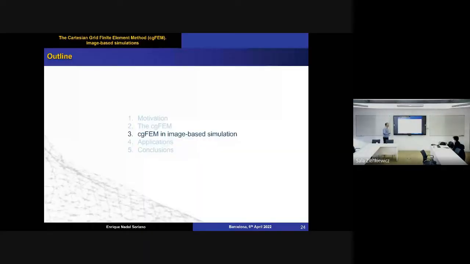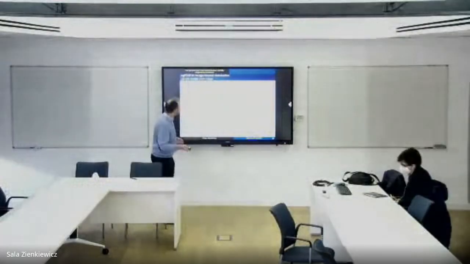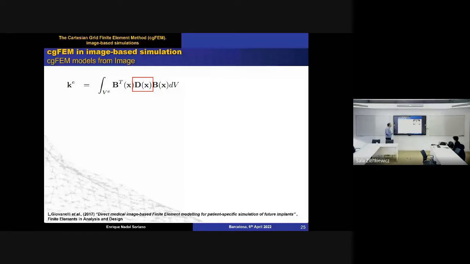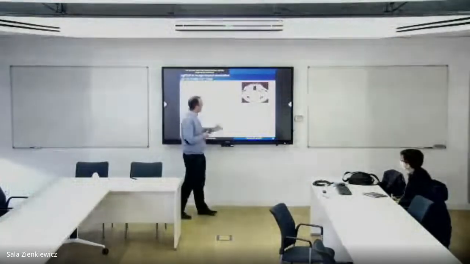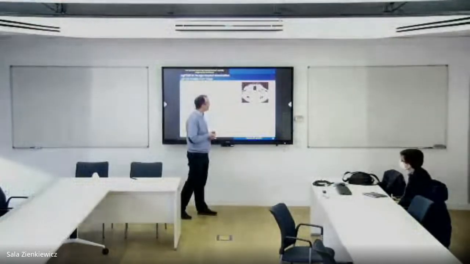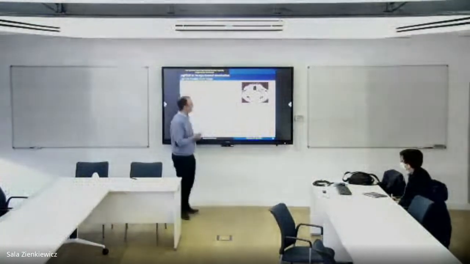When we integrate the stiffness matrix, at the end of the day, we have B, which is the derivative of the shape functions, and D, which is the material properties tensor. So what happens in a medical image? For instance, this is a 2D image, and I can highlight one element here in green. The red squares are, in this case, the elements.